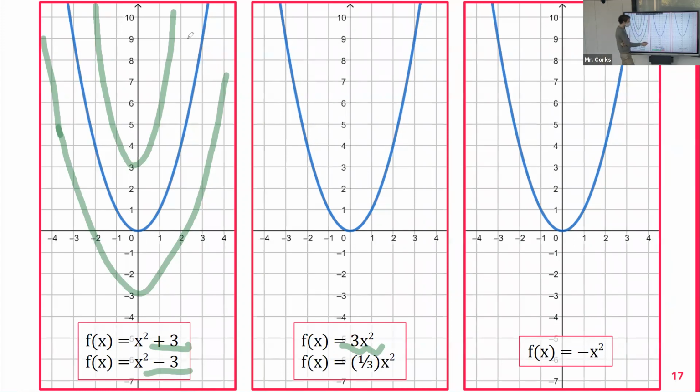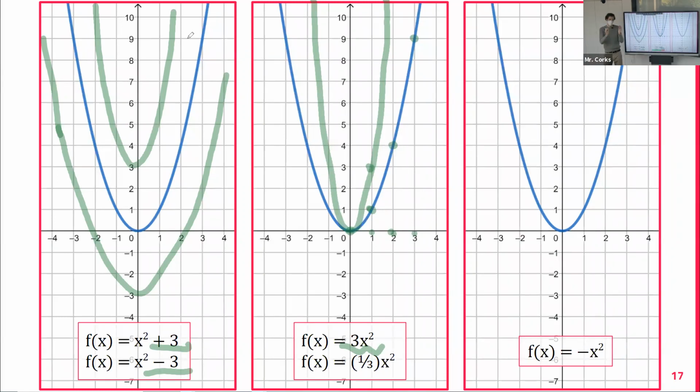Okay, let's think about the values again. 1 squared is 1, 2 squared is 4, 3 squared is 9. So we're taking that result and multiplying it by 3. So 1 squared is 1 times 3. 2 squared is 4 times 3 is 12. That's already off our graph. So this is what we are getting here.